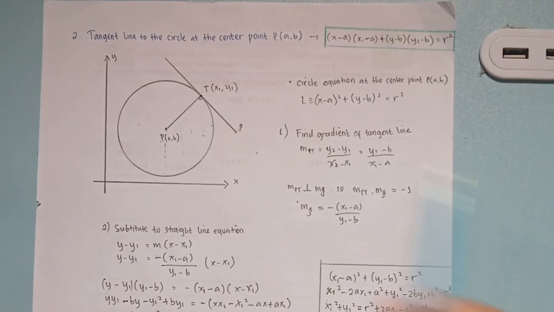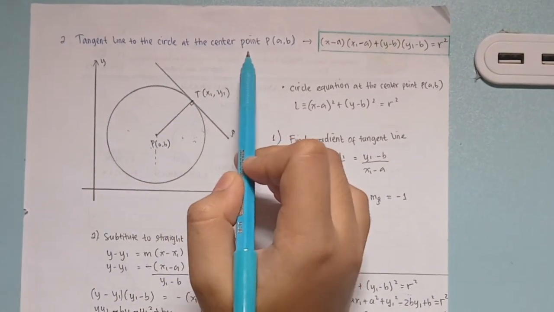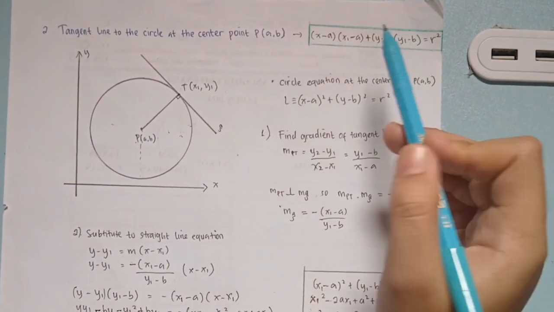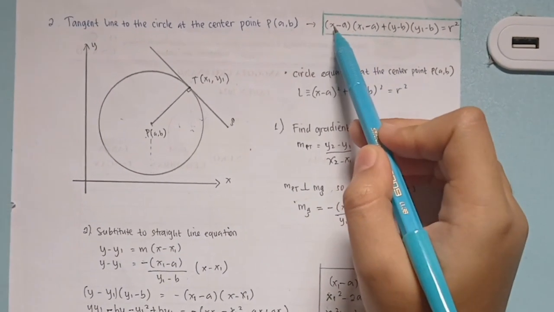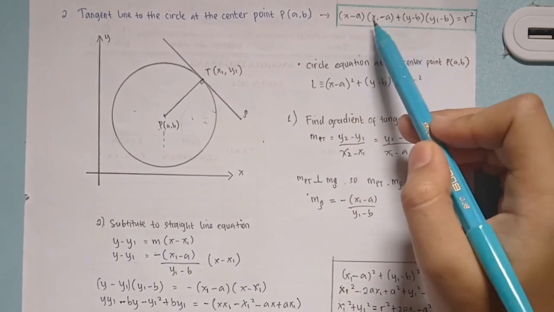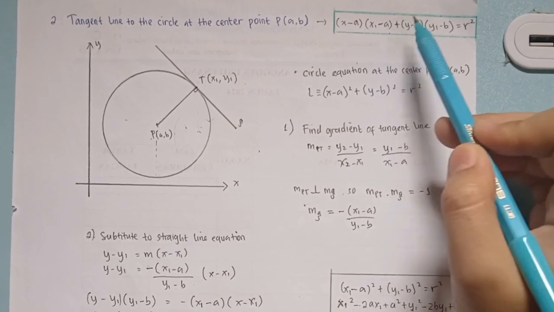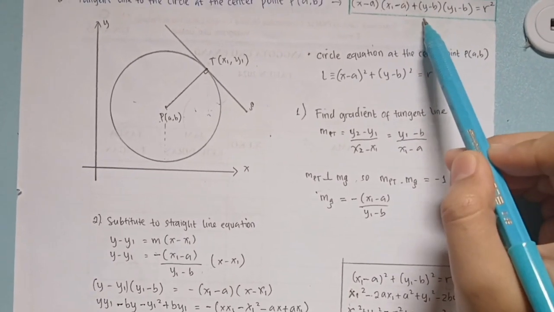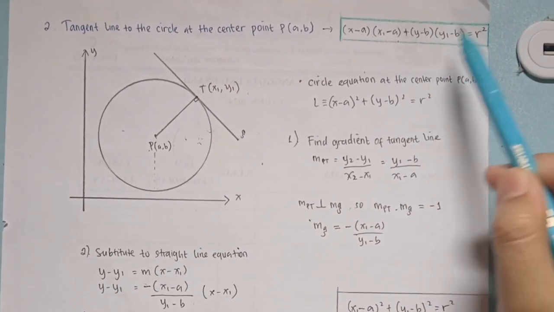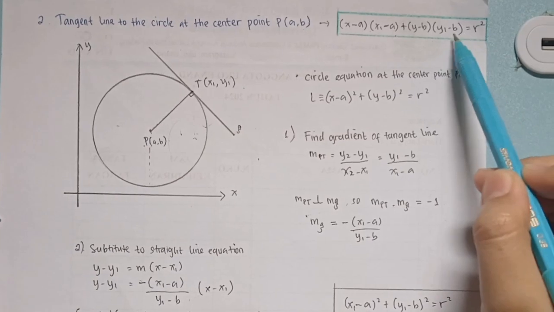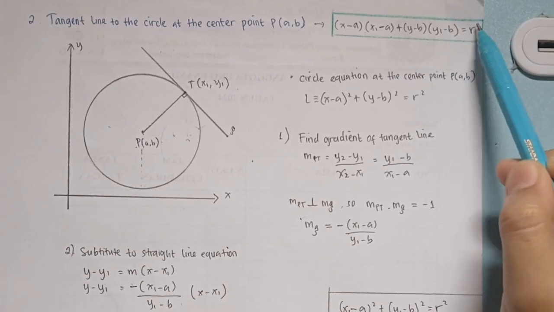The second situation is the tangent line to the circle at the center point P(a, b). The formula is (x minus a) times (x1 minus a) plus (y minus b) times (y1 minus b) is equal to r squared.